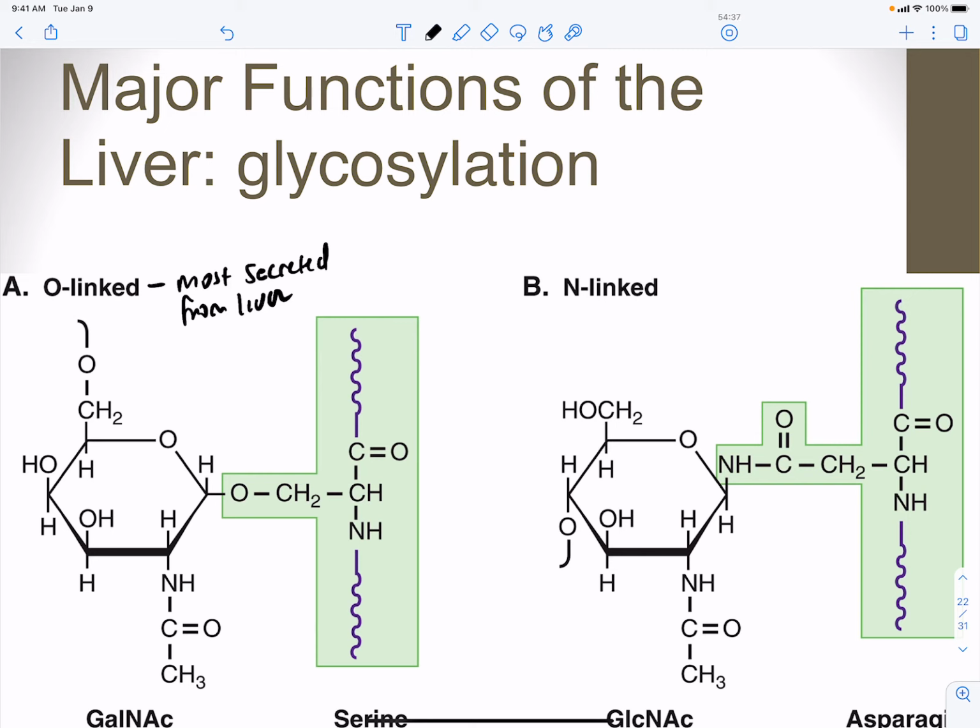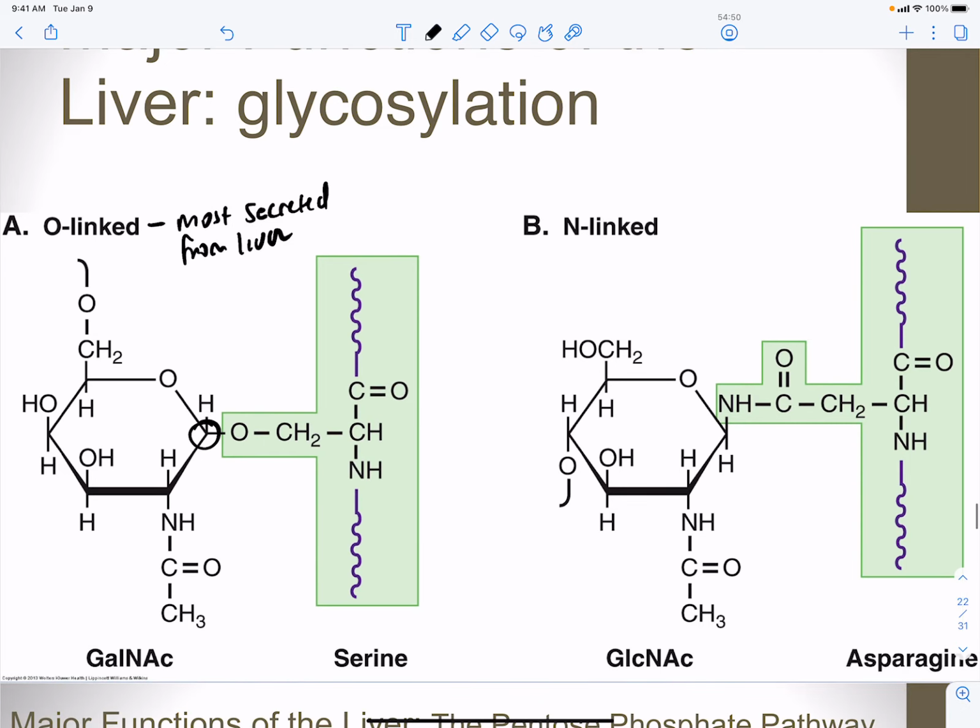So again, here's our anomeric carbon. And this is going to be a glycosidic link to the OH of a serine or threonine residue. So here we have a serine residue, and this could be threonine.